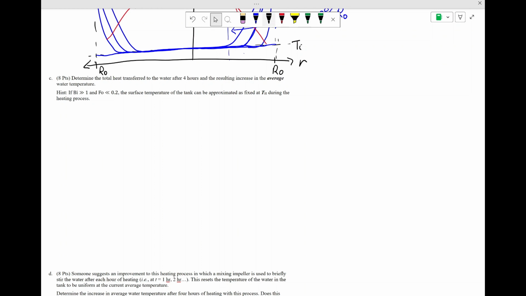So there's a hint here which says that for the situation in question, high Biot number, low Fourier number, we can argue that the surface temperature at RO, so essentially T of RO, while it's technically changing in time, is approximately equal to TH.